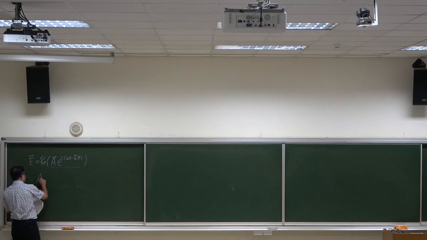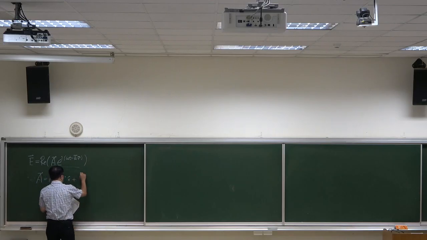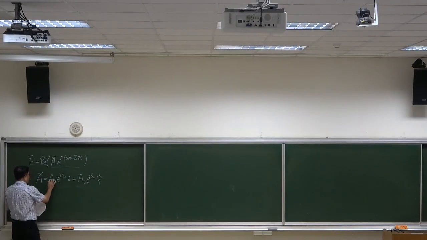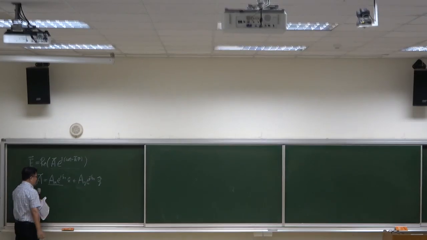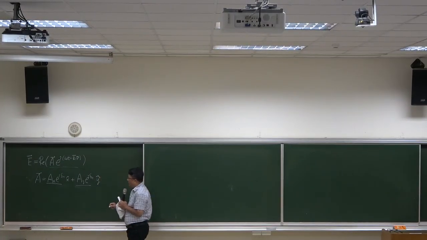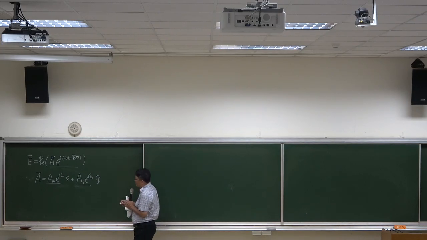Here A is a complex vector with its two components being complex separately. Both A_x exponential i delta_x and A_y exponential i delta_y are complex variables in general.